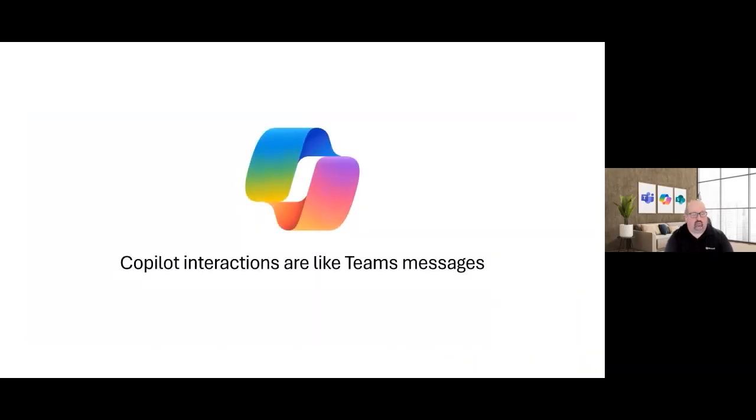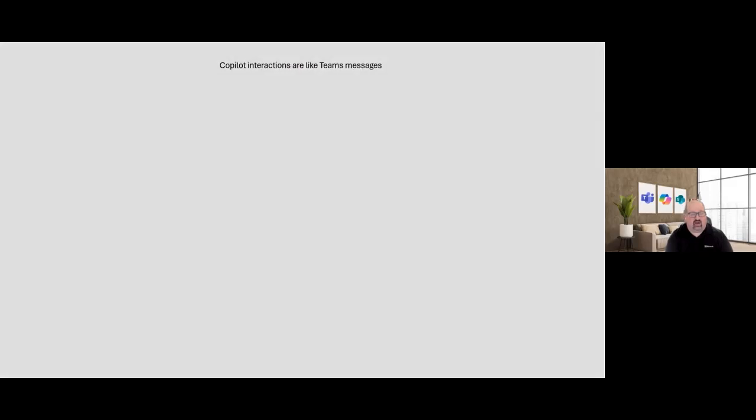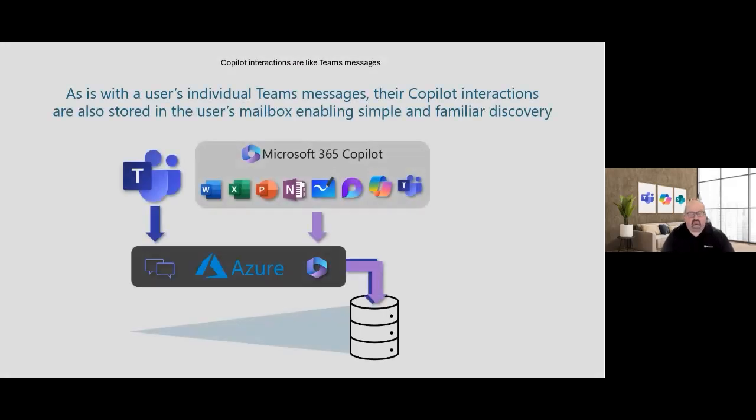And so, how it works. The first thing is that Copilot interactions are stored like Teams messages. And there's a very good reason why that's beneficial. When it came to this new format, these Copilot interactions, we wanted to make sure that you didn't have to go and reinvent an entire new process around collecting these prompts.